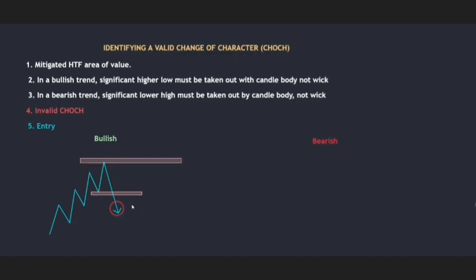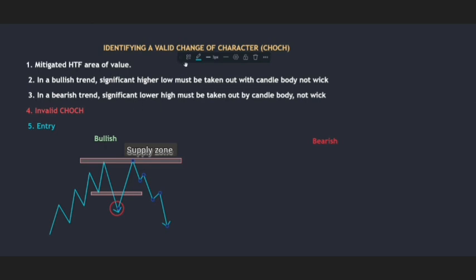Now we are still going to confirm if this is a valid change of character for us to trade. We are waiting for the price to return to this supply zone or resistance before we can look for our candlestick patterns indicating downward momentum, so that we can sell all the way to the downside.